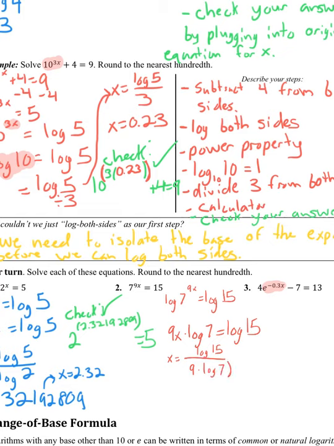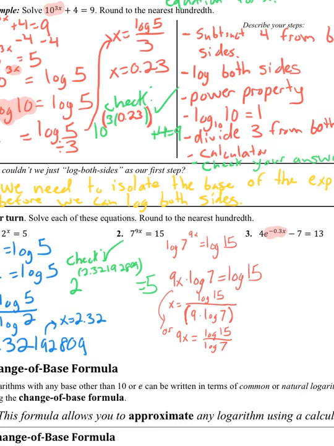But if I don't put parentheses around this whole thing here, my calculator is going to read that wrong. And if I'm worried about my calculator reading it wrong, what I would recommend instead is doing this, or we say 9x equals log of 15 over log of 7.